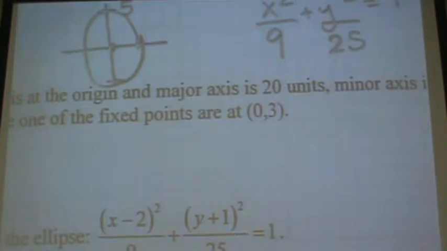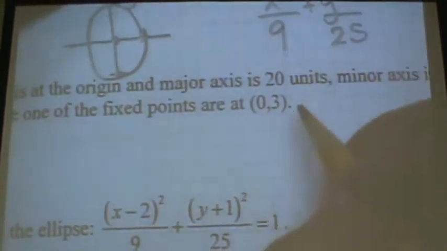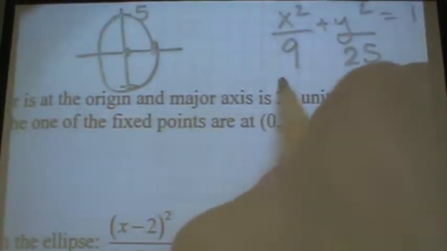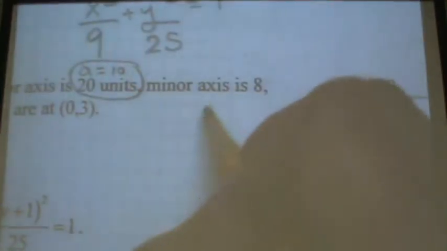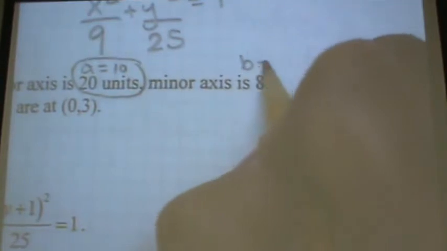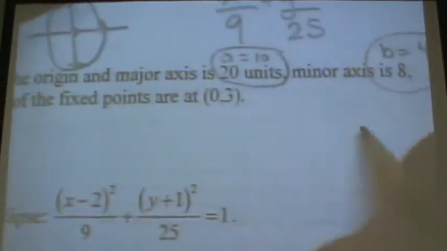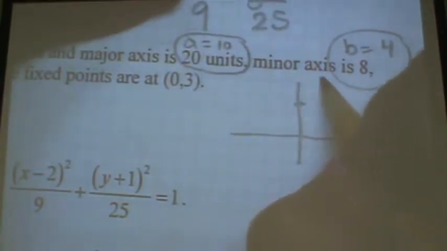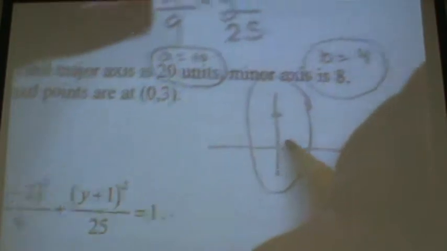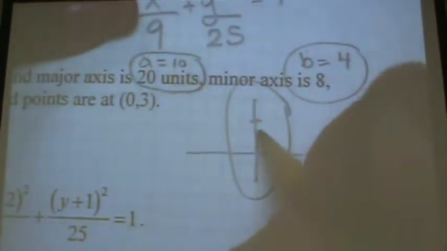Number 10, your center's at the origin. Your major axis is 20 units, so A is 10. And the minor axis is 8, so B is half of that, 4. It says one of the fixed points is at (0, 3), which means the major axis is on the y-axis again, because (0, 3) is here.